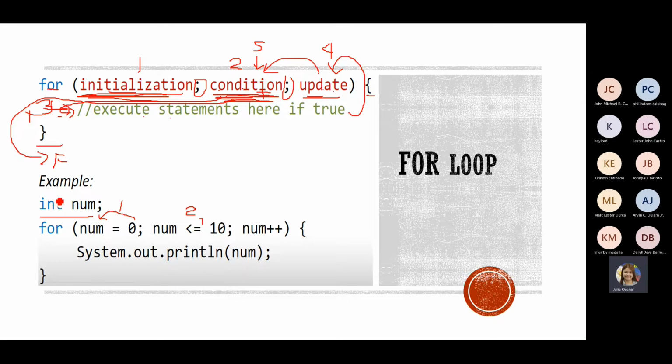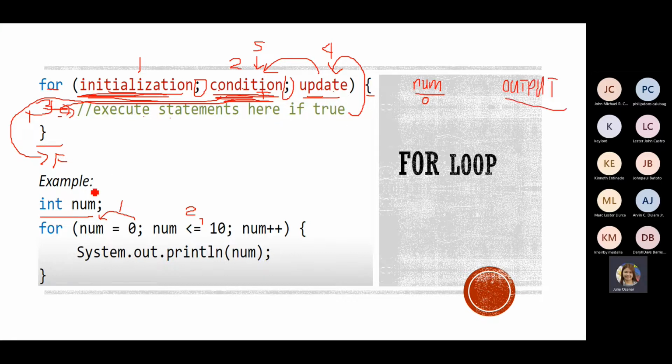System.out.print num. It will print the num value. To trace it, we will get the variable again. So we have the num variable. The first value of your num is 0. And then we have the output here, just to trace the result without the compiler.